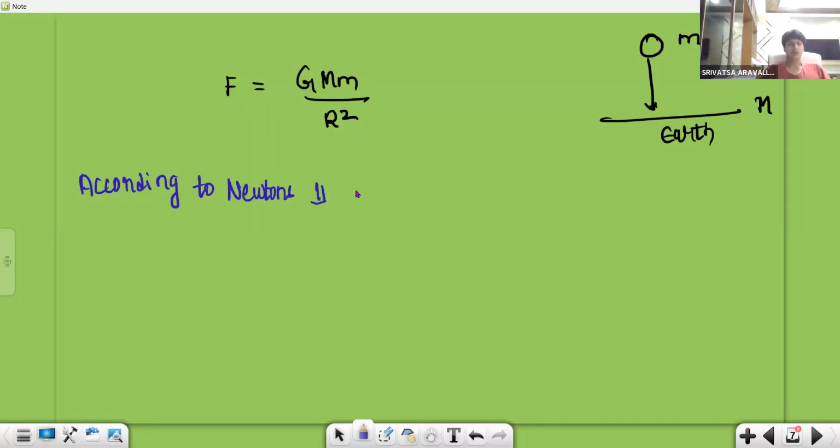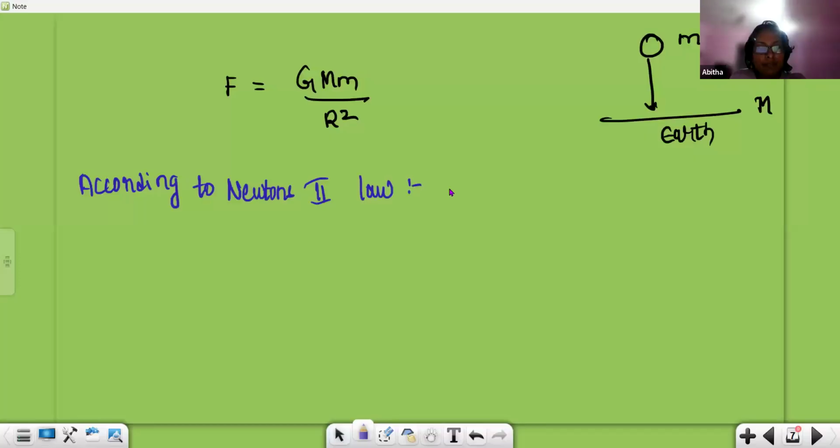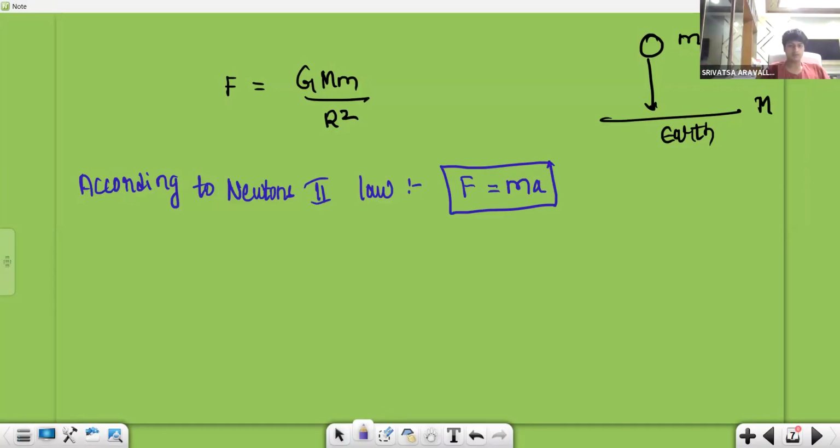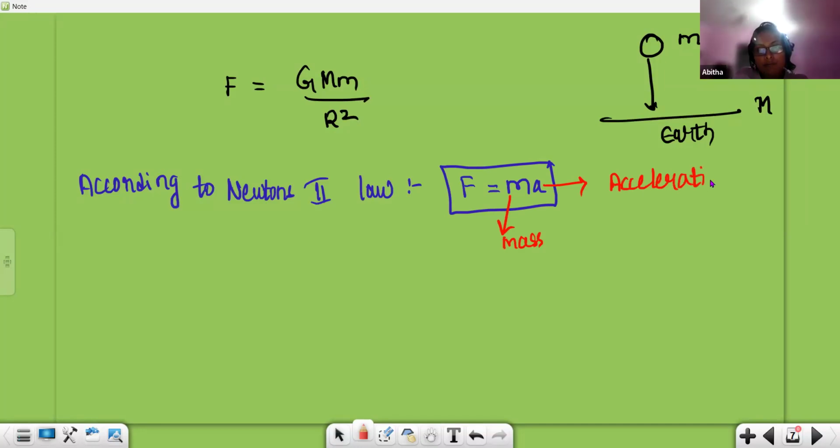According to Newton's second law, what is the formula of F? The formula of F is equal to ma. What is m here? m is mass, and a is acceleration.